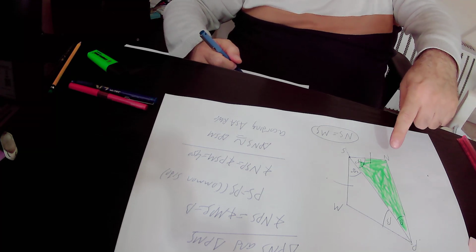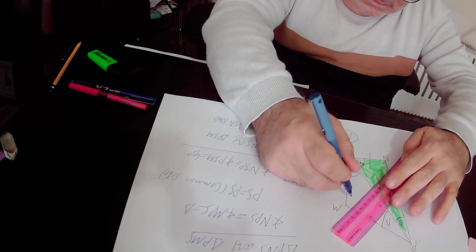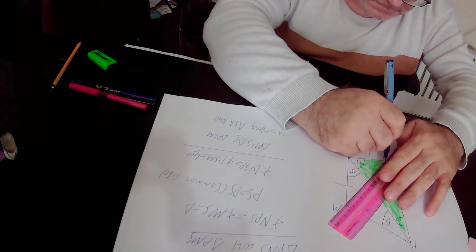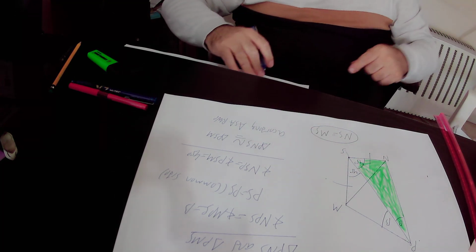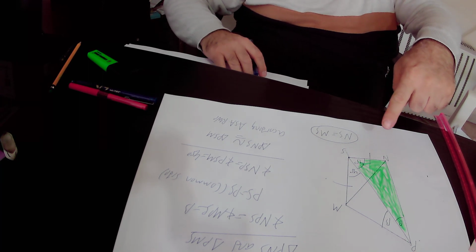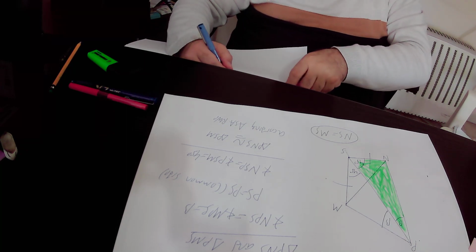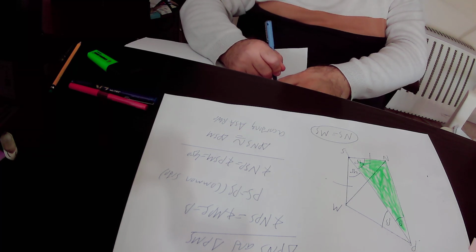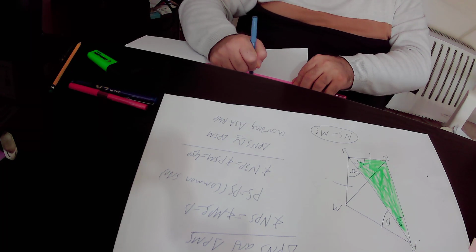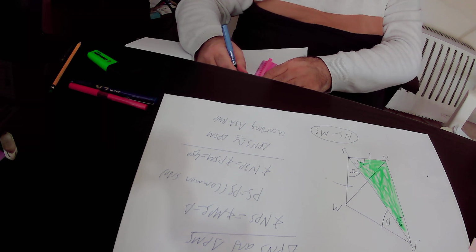We will join points N and M together by a straight line. And I will draw triangle MNS again in the new page. So here we will have triangle MNS.